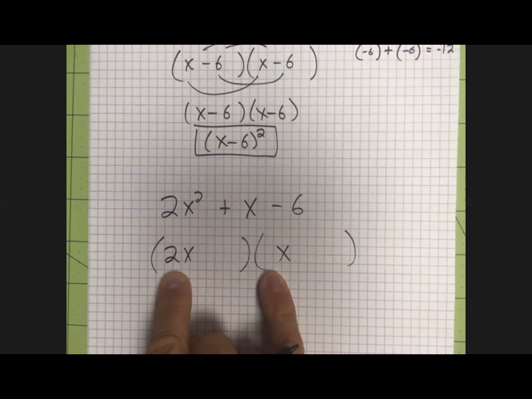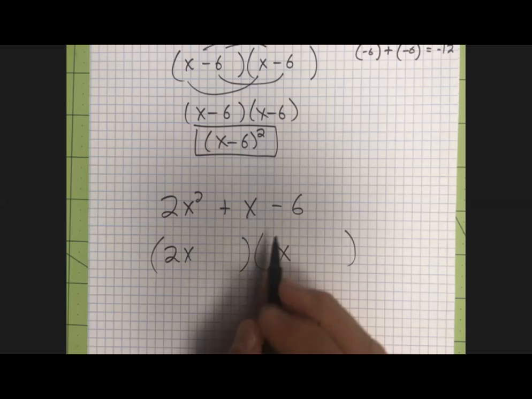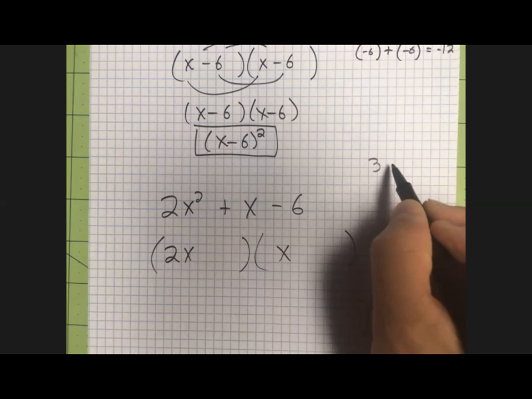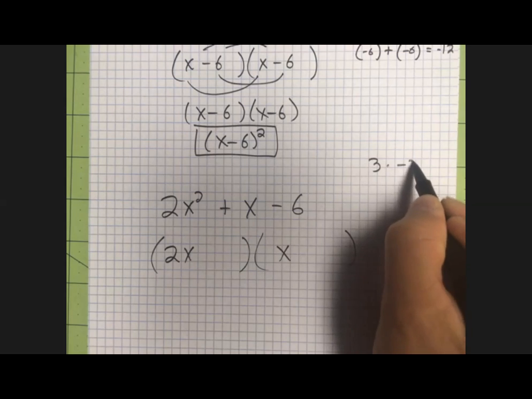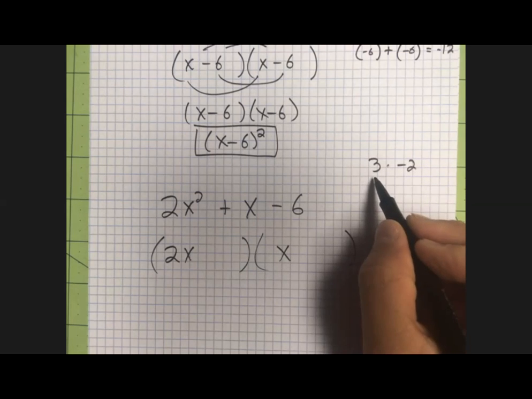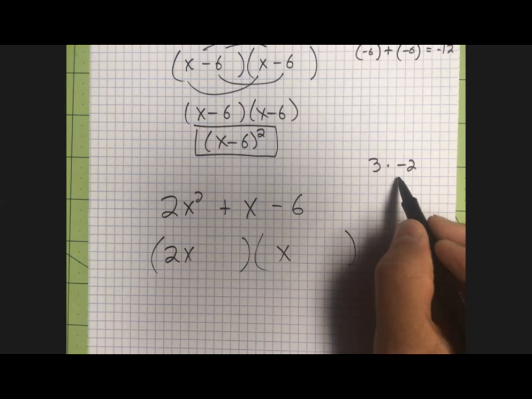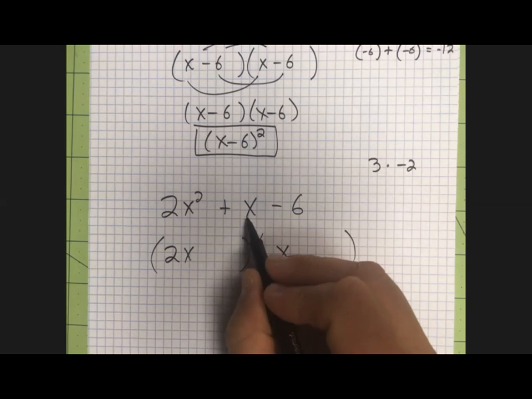But the problem now is it's not just two numbers that multiply to minus 6 and add up to plus 1. 3 times minus 2 multiplies to minus 6 and adds to plus 1.